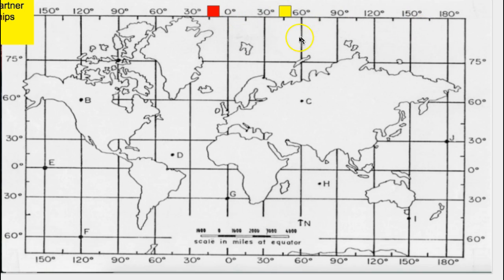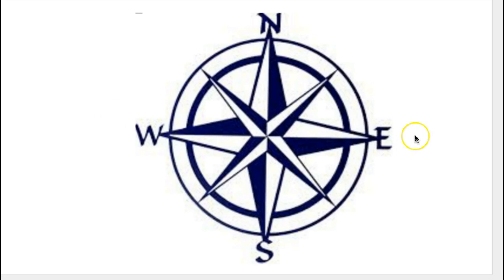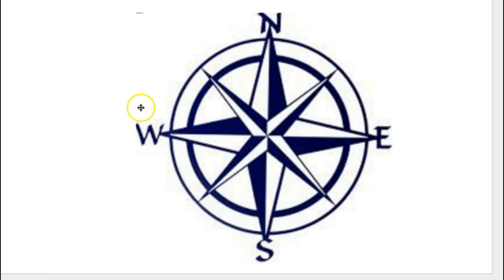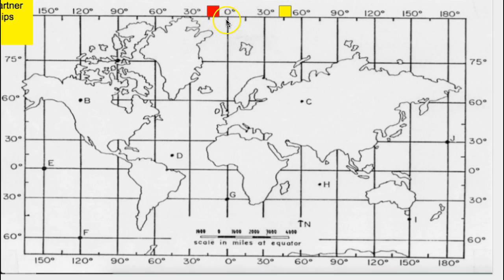Everything to this side of the 0, using our compass, is going to be east. So point B, we already said would be 60 degrees north because it's above the equator. And it would also be 120 degrees west because it is to the left of the 0.